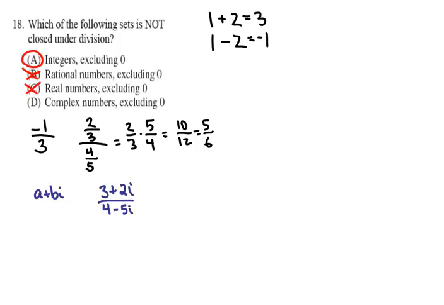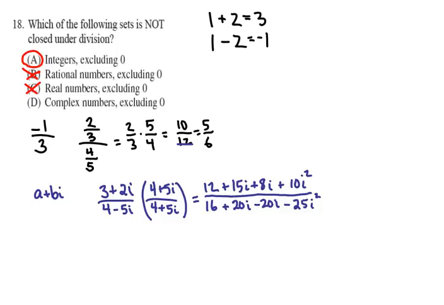So if I were to construct a complex number, 3 plus 2i, and divide that by 4 minus 5i, the way I would simplify this is by multiplying the numerator and denominator by the conjugate of the denominator. When I multiply that out using FOIL, I would get 12 plus 15i plus 8i plus 10i squared, divided by 16 plus 20i minus 20i minus 25i squared.